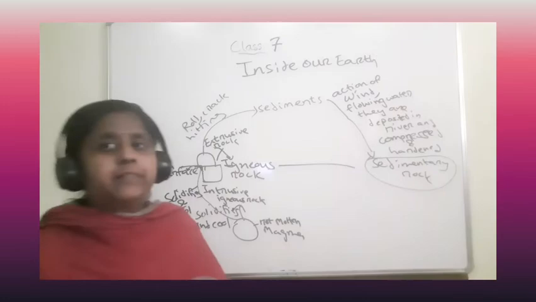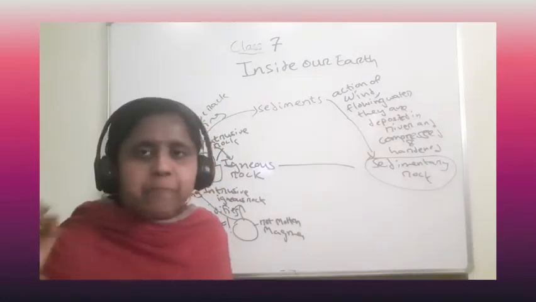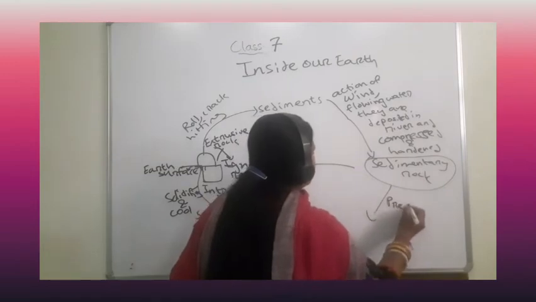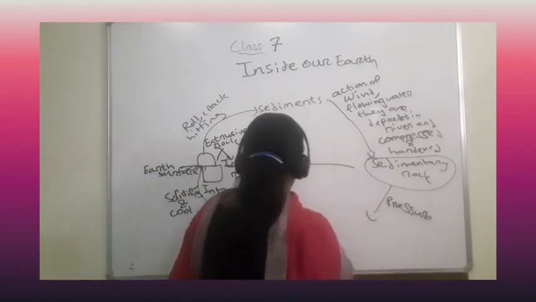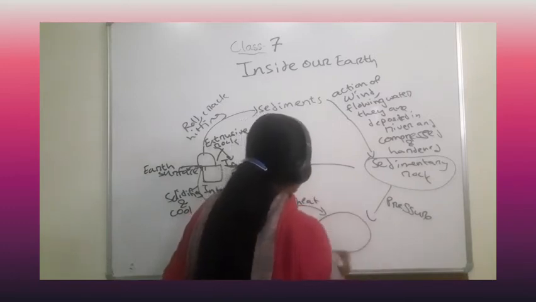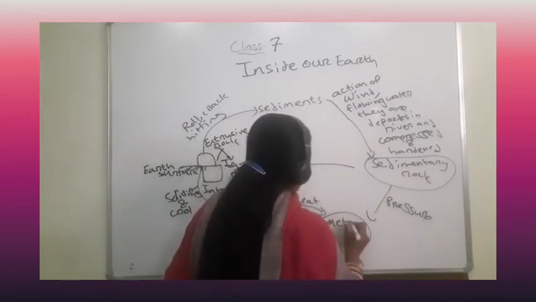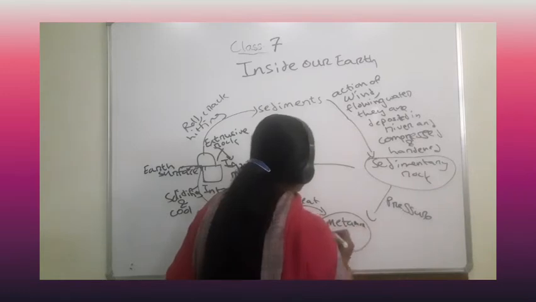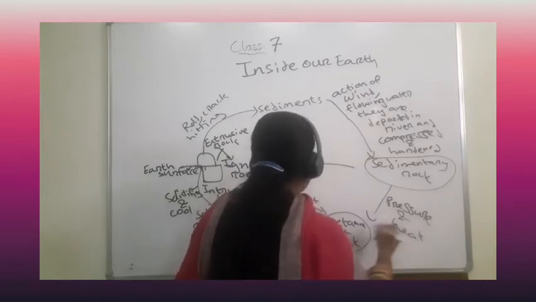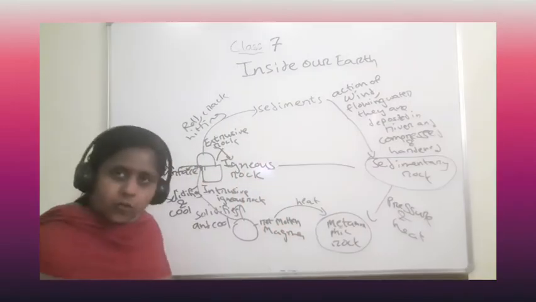When pressure is applied, children, or hot molten magma applies heat, they form metamorphic rock.